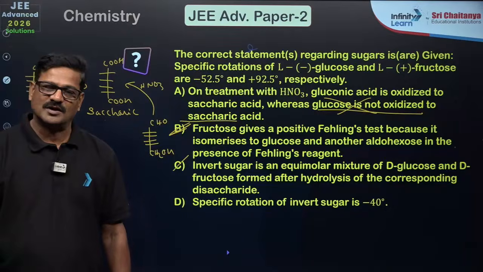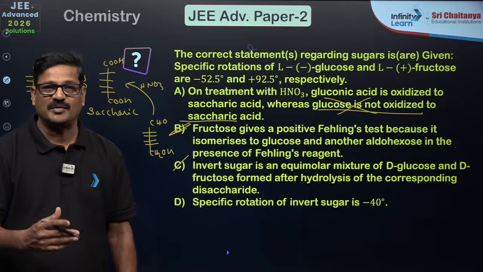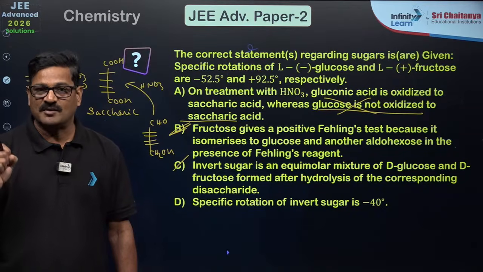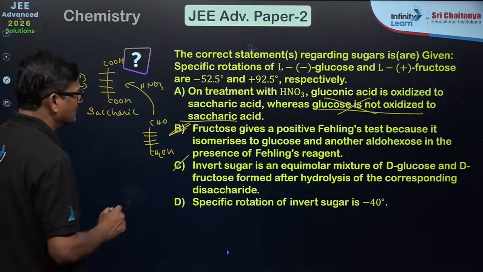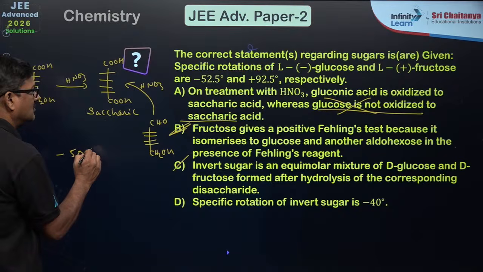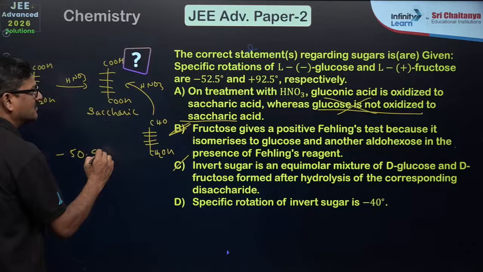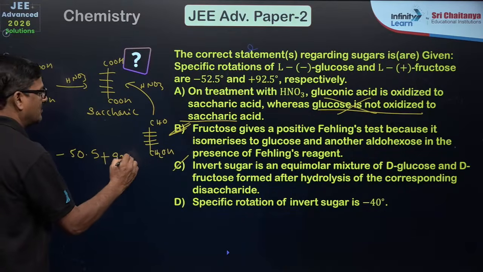The luckiest part is that the total Advanced paper is under the boundaries of the NCERT content, but it is given with a large amount of applications. The specific rotation of invert sugar is, you can see, minus 50.5 plus 92.5 magnitude, divided by 2.